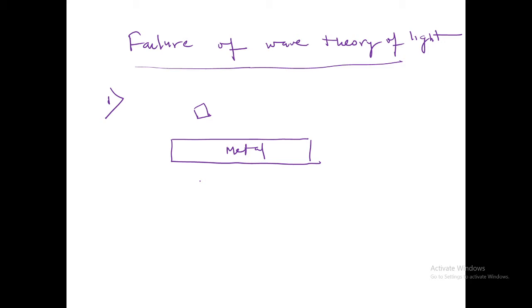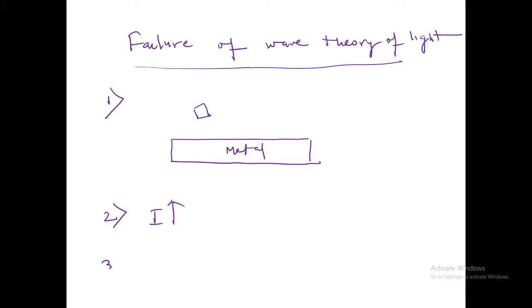The second was when intensity is increased, more energetic electrons should be emitted, so that the stopping potential should be intensity dependent, but it is not observed.